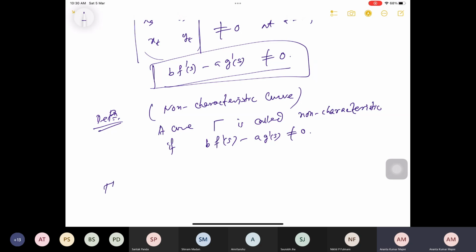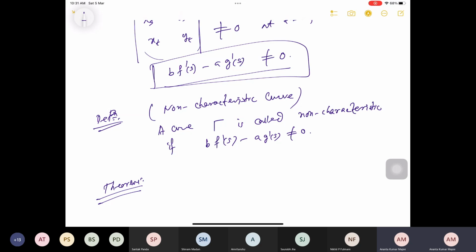That I put as a theorem. If this is not the case, the problem is that the solution may exist but may not be unique. There may be infinitely many solutions.